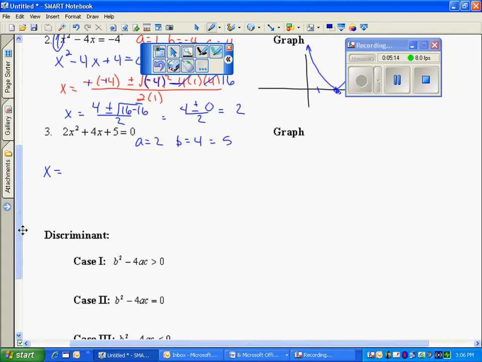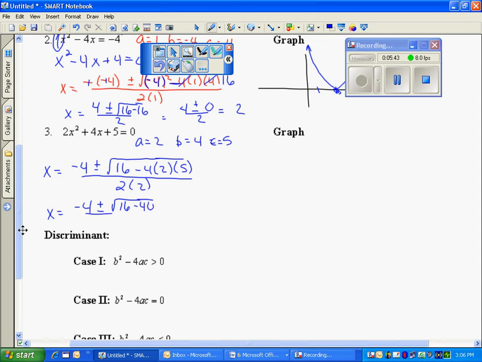So my formula is negative b plus or minus square root of b squared minus 4 times a times c all over 2 times a. So as I say the letter, I just replace it with its value. 5 times 2 is 10 times 4 is 40.